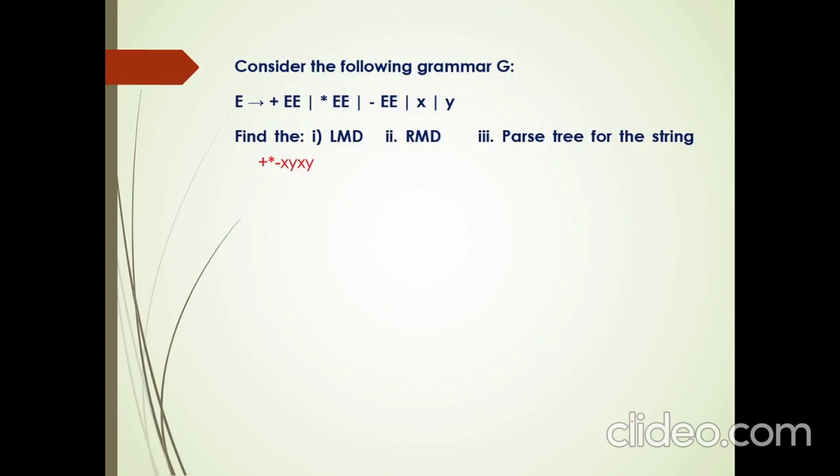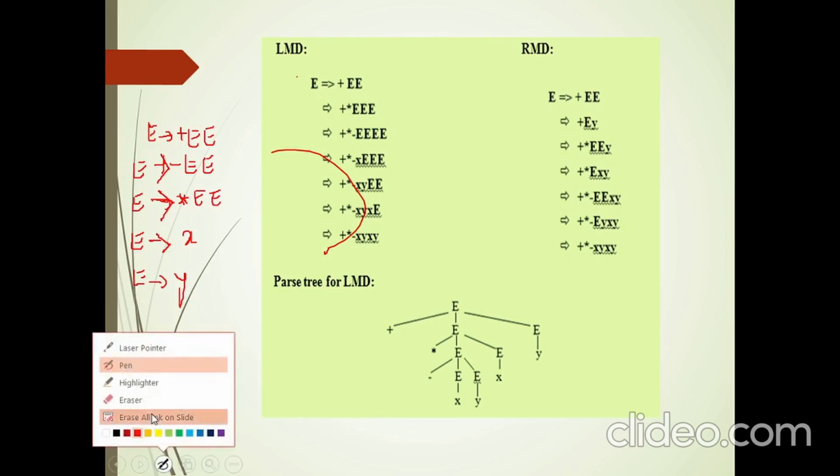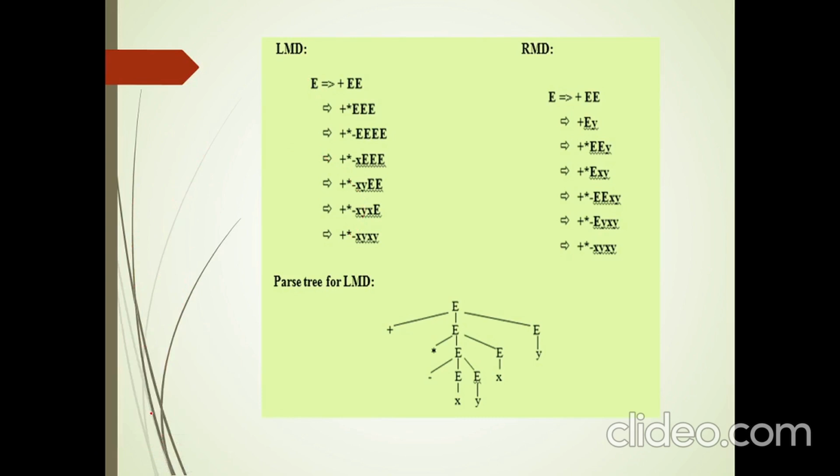Next we'll see another example. E gives plus E E, or star E E, or minus E, or x or y. Our aim is to obtain the LMD, RMD or parse tree for the string plus star minus xy, xy.